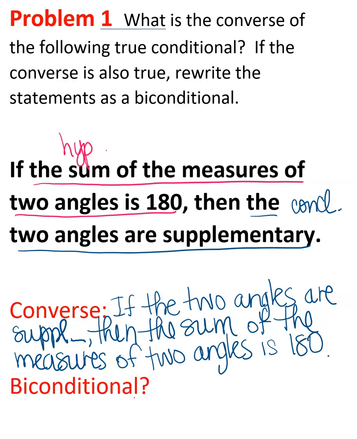So before you actually write it as a biconditional, you have to determine if both conditionals are true. So if the sum of the measures of two angles is 180, then the two angles are supplementary. This one is true. If the two angles are supplementary, then the sum of the measures of the two angles is 180. This is also true. So if both are true, you can write it as a biconditional.